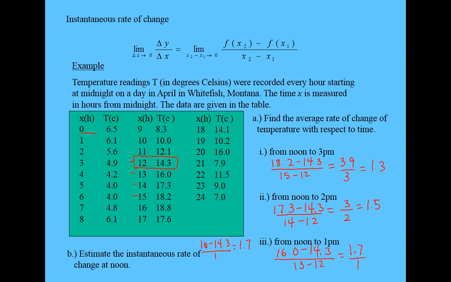Now between 11 and 12, we have 14.3 minus 12.1 divided by 1. That looks like it's 2.2.